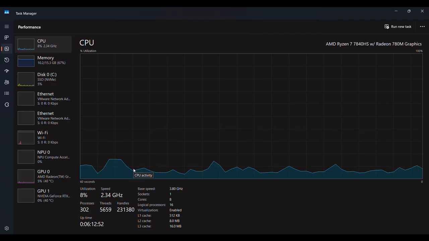The CPU graph displays CPU activity over the last 60 seconds. This helps administrators visualize workload fluctuations and identify sudden spikes in processor usage.